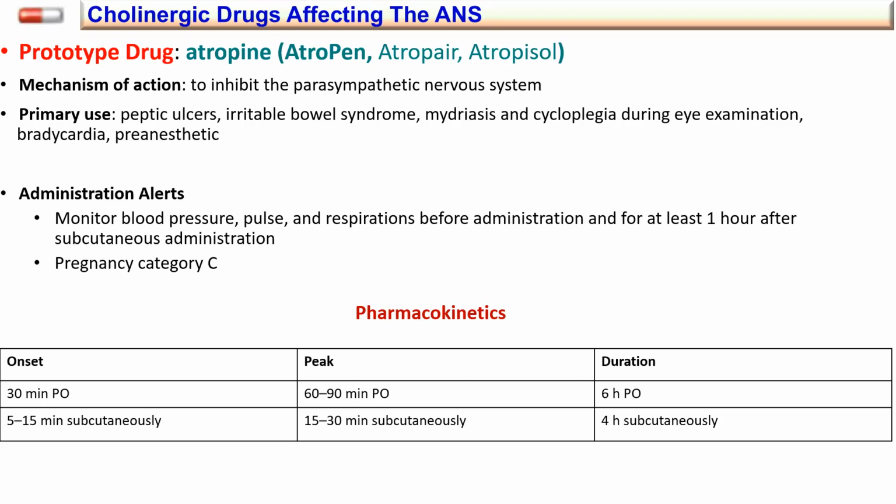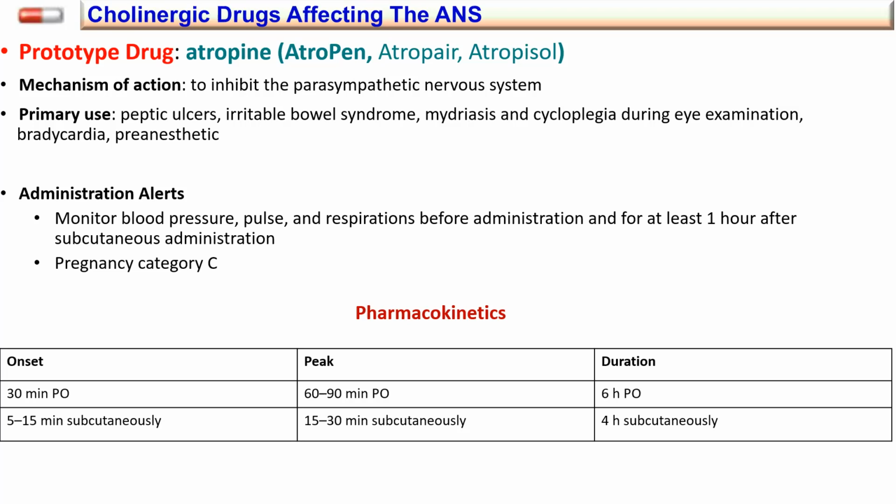So the drug atropine will inhibit the parasympathetic nervous system. And primary use, we said, peptic ulcer disease, IBS, mydriasis, and cycloplegia during the exam. Cycloplegia, which is the paralysis of the ophthalmic muscles, so as to result in complete dilatation.